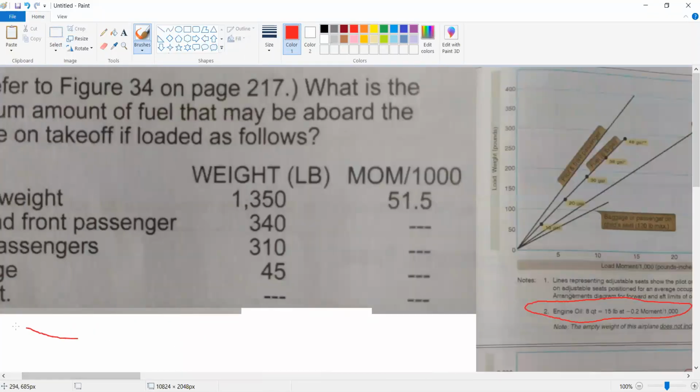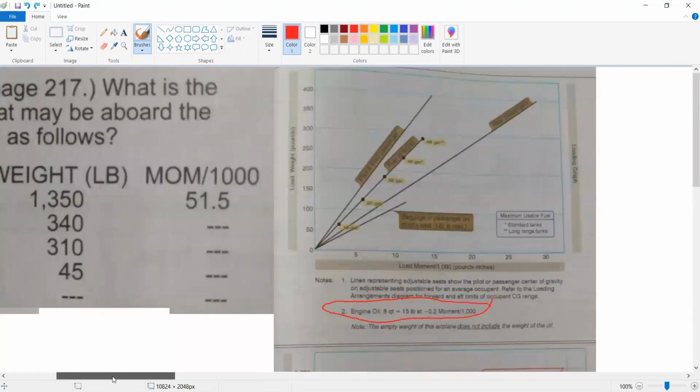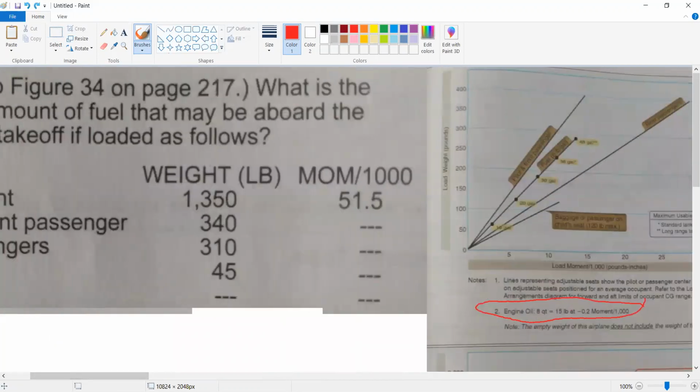So we're lucky because this is exactly 8 quarts. So we don't have to do any math. We can just jot down, I'll do this in color, 15 as well. And it gives another great added feature: it gives us the moment, and the moment is negative 0.2.